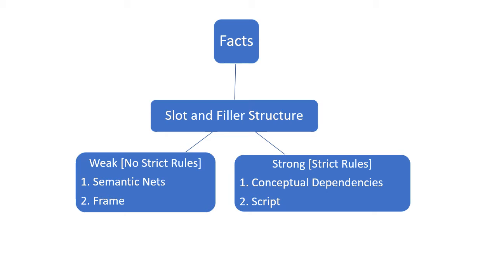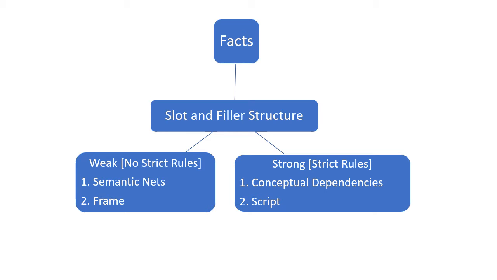Before starting semantic networks and frames, first of all we have to talk about facts. Facts are also called slot and filler structure. Slot and filler structures are of two types, weak and strong. Weak slot and filler structure contains no strict rules.